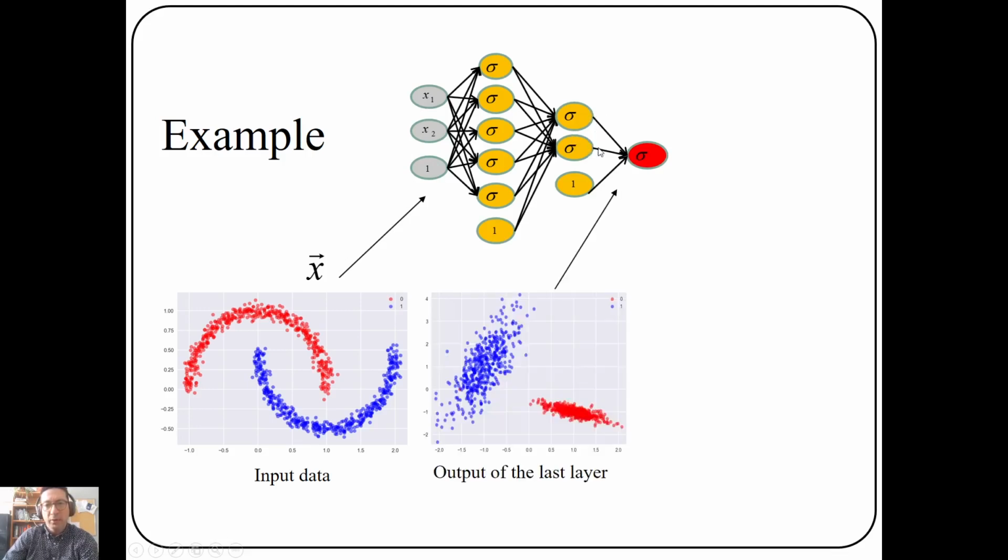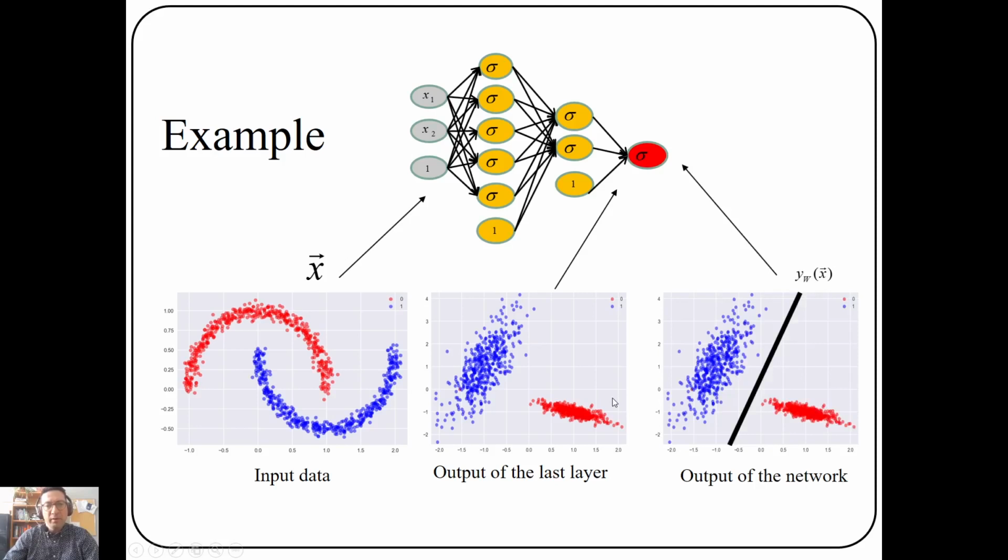If you plot the output of those two neurons once the overall system is trained, we see that each red point now lies in this scatter plot, and each blue point lies in this scatter plot. And as you can see, these points lie in a new dimensional space that has nothing to do with the first input space, but this space is linearly separable.